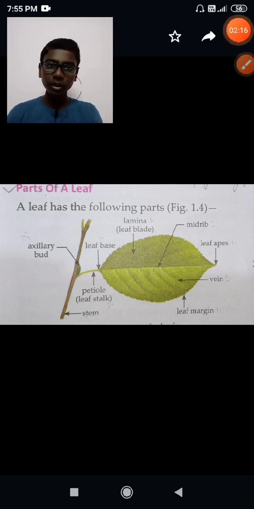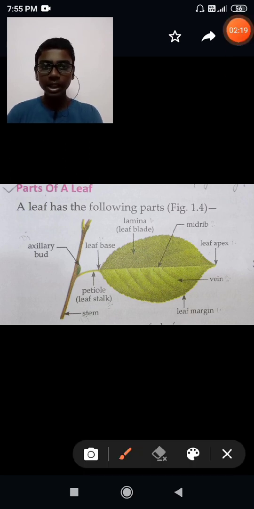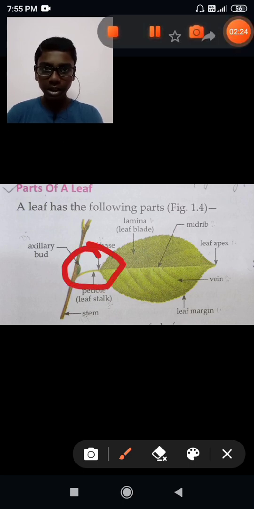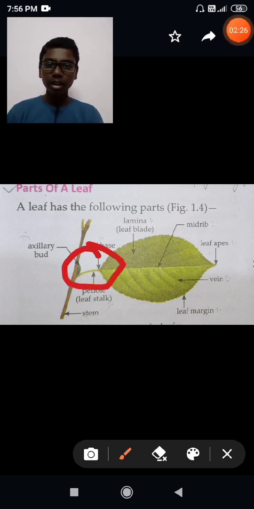If you refer to the diagram, you will find that this part is the petiole. And what is the definition of petiole? The stalk that attaches the leaf to the stem is known as the petiole. I repeat, the stalk that attaches the leaf to the stem is known as the petiole.